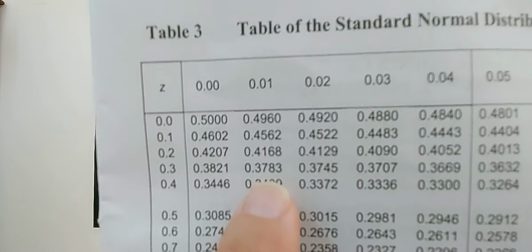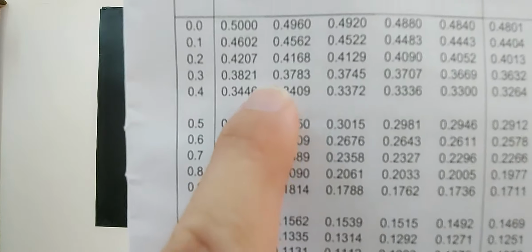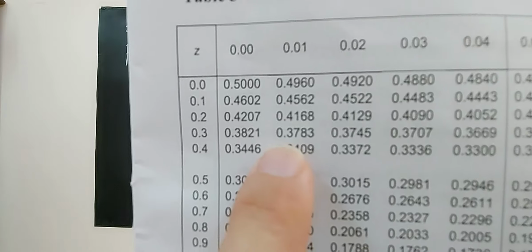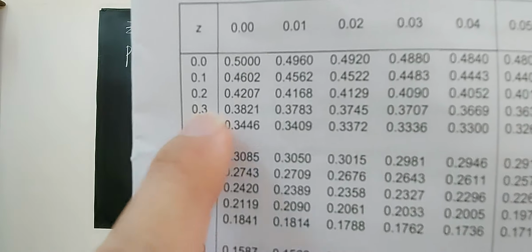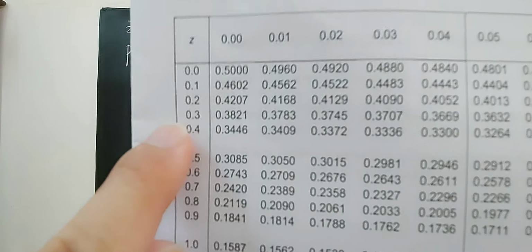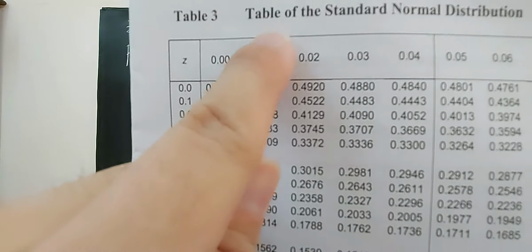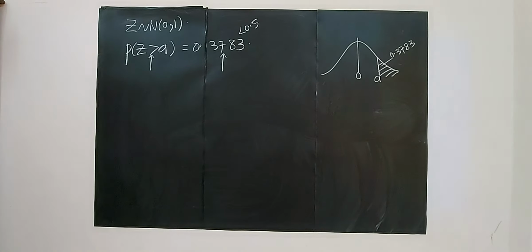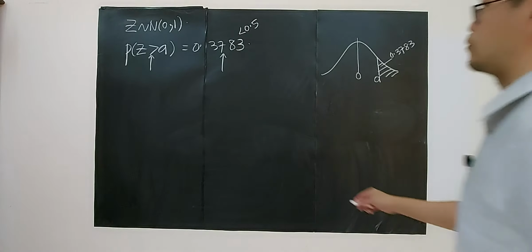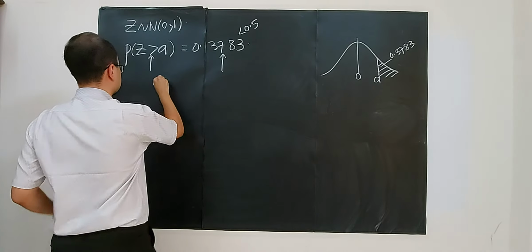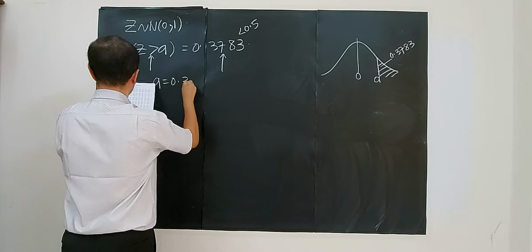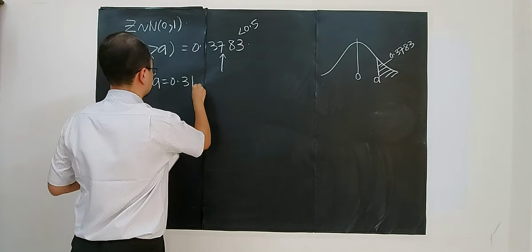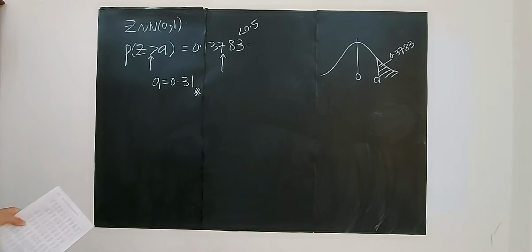Lucky, this is lucky, right? 0.3783, upper here is 0.31. So the answer for A in this case is very easy. The A is 0.31. Alright, that's the answer for this problem.